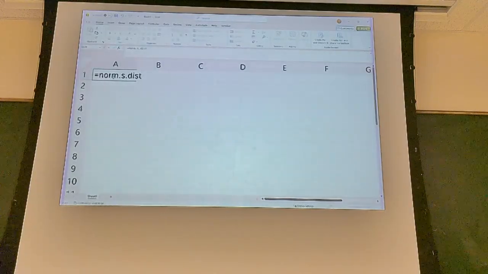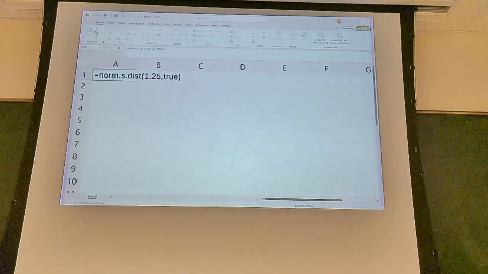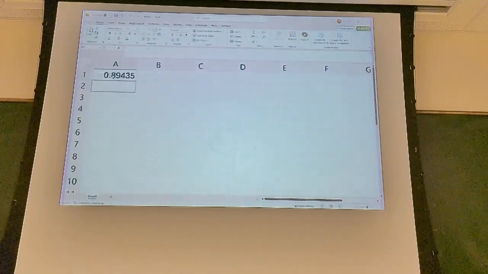So this is the standard normal distribution. Put in the z-score that it's going to be less than. It was 1.25. And then true to say that it is going to be cumulative. There's your probability.